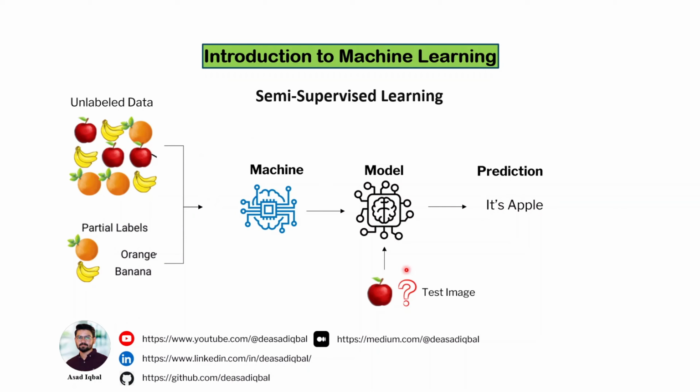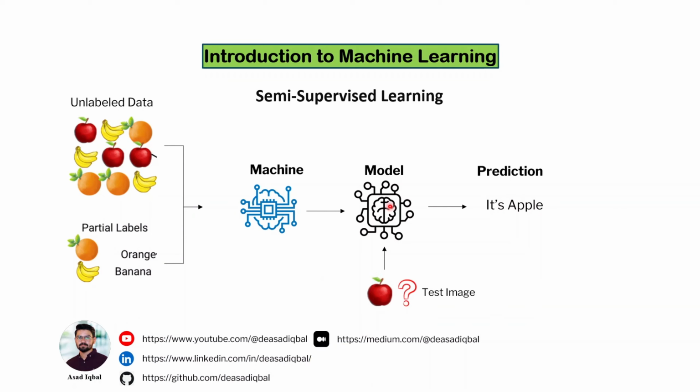After training we have the test image on which we will test our machine or model. The machine is well trained and also knows the similarities. In the unlabeled data set we have three kinds of categories: apples, bananas, and oranges, and in the partial labels we provided the labels of orange and banana, and we are providing the image of an apple.